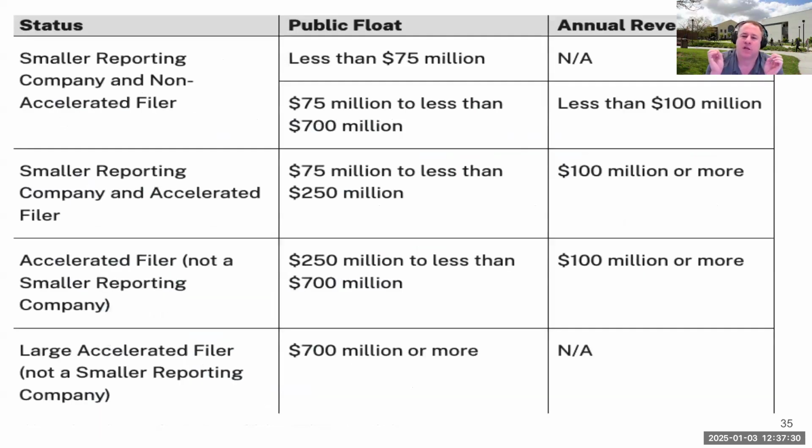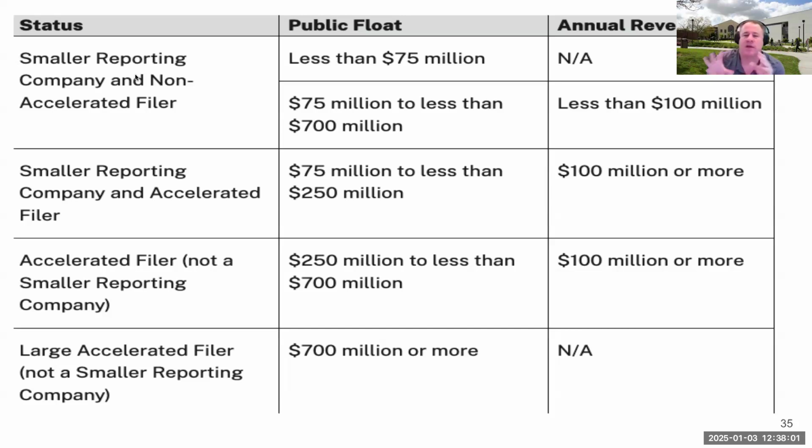Now, and this is actually on the CPA exam, in terms of looking at the status of companies, in terms of when they have to file, this becomes extremely important. A smaller reporting company is defined by a public float of less than 75 million. What does that mean?